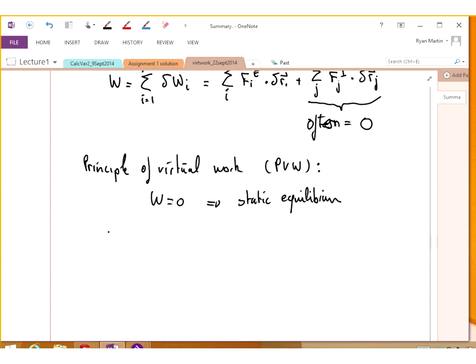And so compare this to what you would have done in vector mechanics, where you would have said that the sum of the forces equals 0, right? That's Newton's second law for static equilibrium. The big difference is that this uses vectors. So the sum of the forces really is 3 different equations, whereas the top one uses scalars. And that's in line with our motivation to do classical mechanics without using vectors.